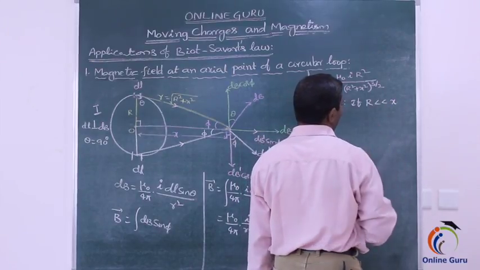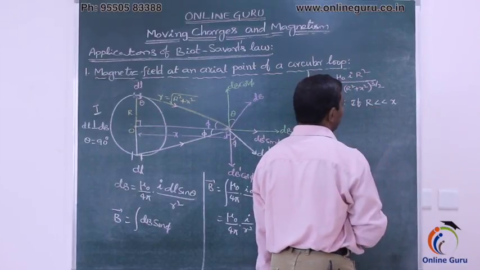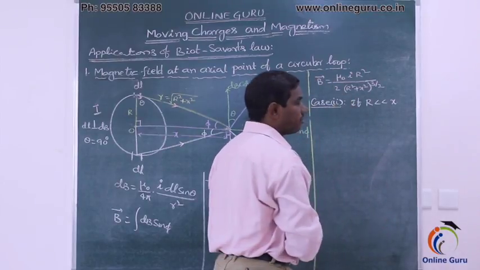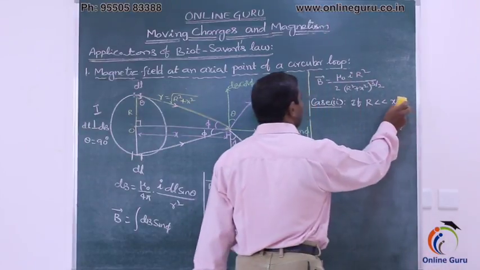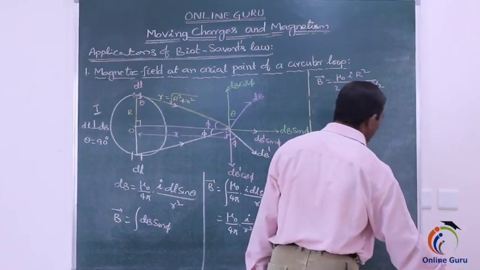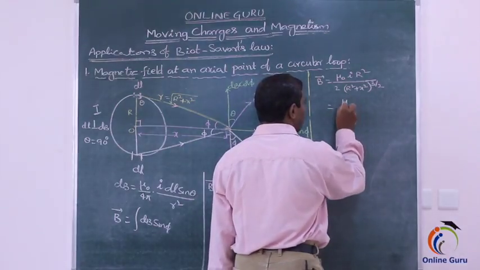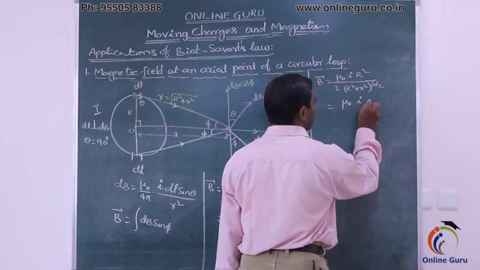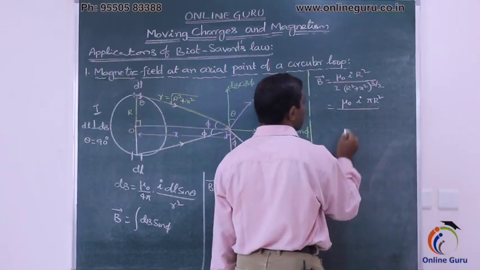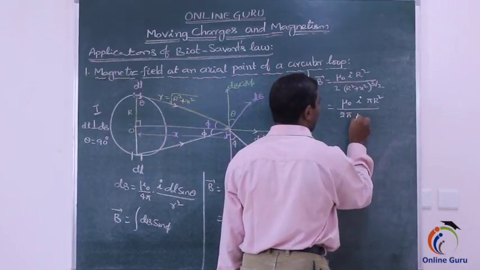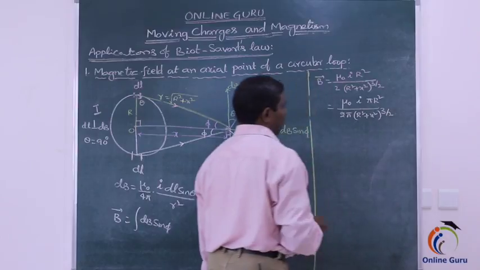When I am considering R far less than X, before taking this relation, I multiply and divide both sides by pi, that is equal to mu naught I into pi R square divided by 2 into R square plus X square whole to the power of 3 by 2.